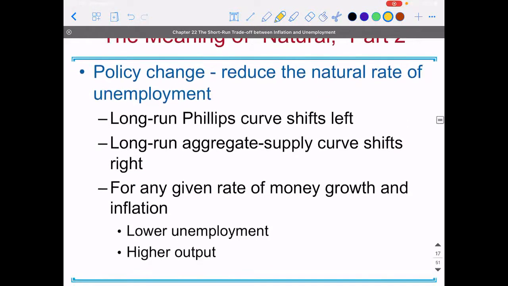Again, you can engage in policies to try to reduce that natural rate of unemployment, and you would do that by anything that can shift the Phillips curve to the left, which basically would mean shifting the long run aggregate supply curve to the right.